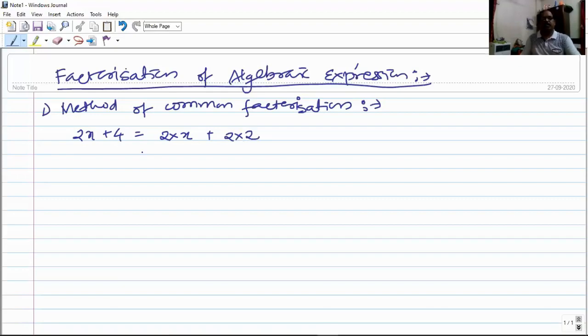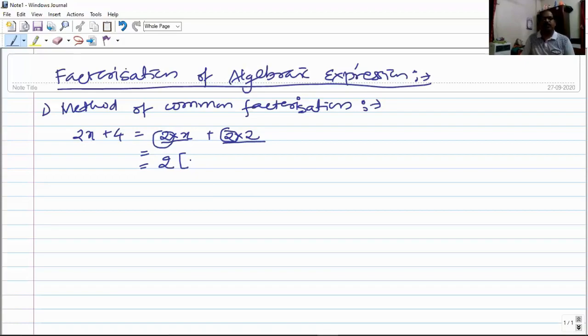Students, if you see here, these are the two factors from the first term and the two factors of the second term. Is there any common factor among these? Yes, obviously 2 is a common factor in both. Whatever the common factor is, I should take it outside the bracket and write the remaining terms inside the bracket.